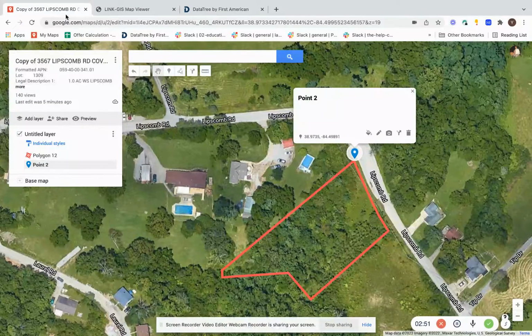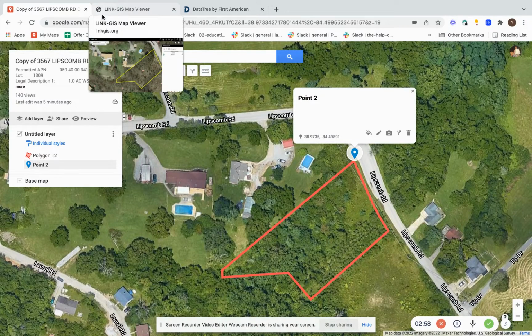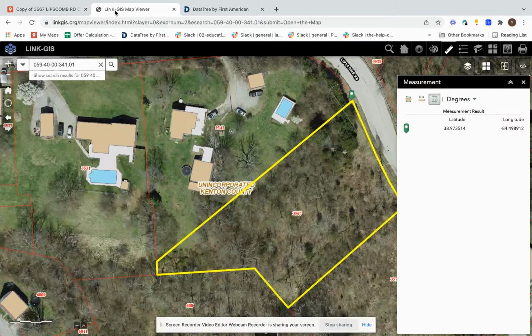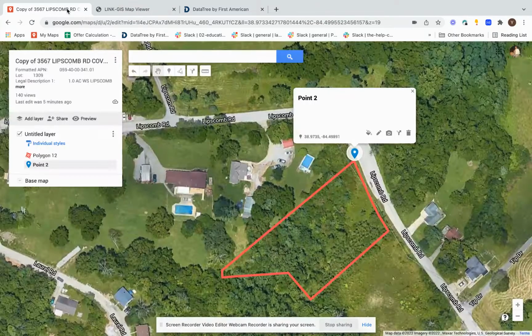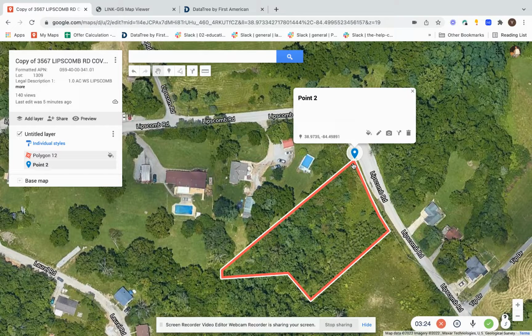And most of the times we use the information that is already available with the county to create those maps. So in this case, if I go to a county website, if you look at these numbers that we see here for the coordinates of this one corner, that will be the north east corner, these numbers are the same as the ones that I have here. Okay, so I just wanted to show you that to validate that point.